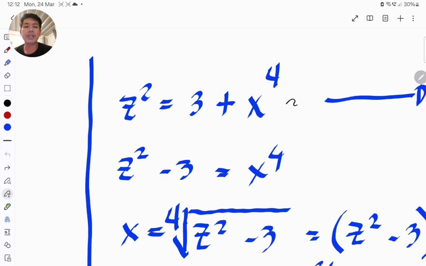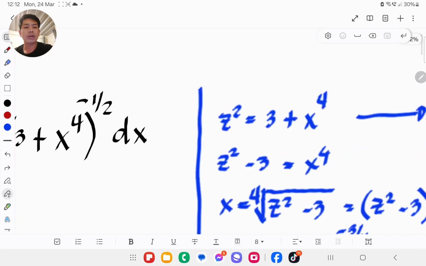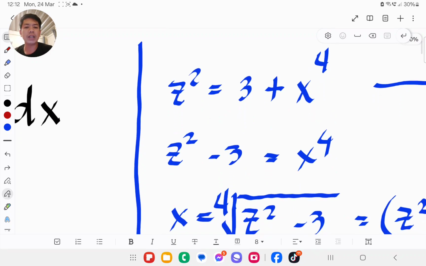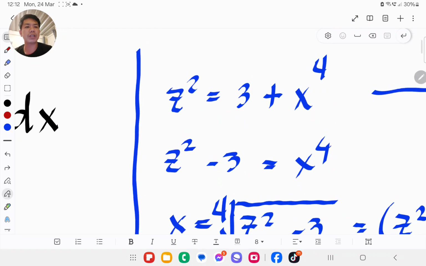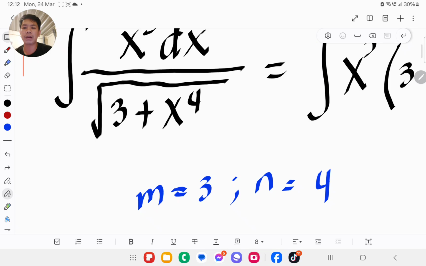From this equation, class, we need to find our x. Manipulating this equation, we get the value of x, which is equal to the fourth root of z squared minus 3.